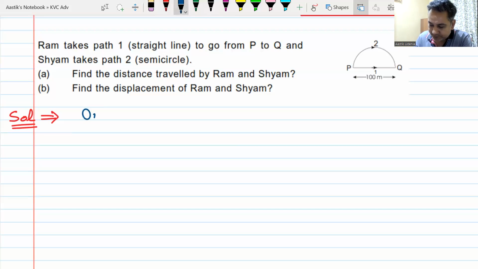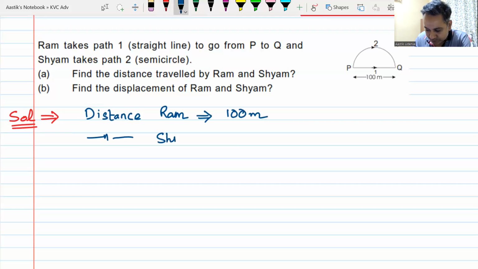Distance traveled by Ram. First case. What is the distance traveled by Ram? 100 meters. Well done. What is the distance traveled by Sham?